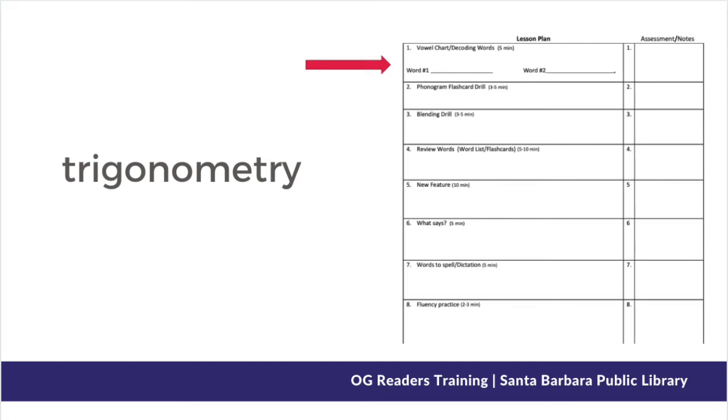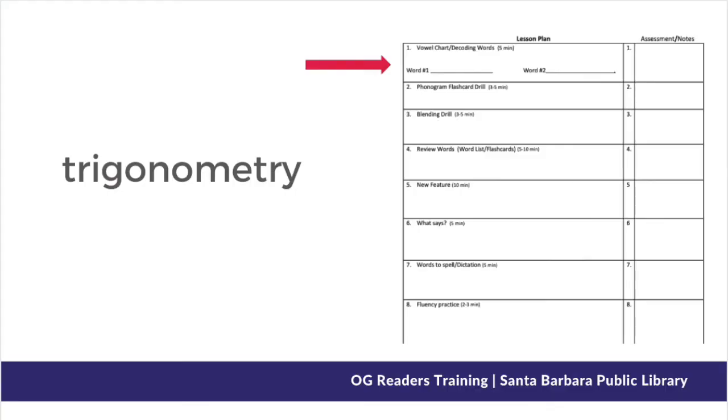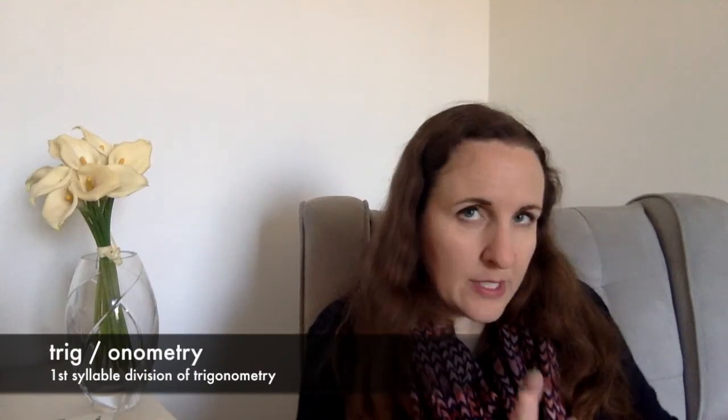In this case, trigonometry. Where do you think the first division is going to happen? It's going to happen after the G, right? It's a closed syllable, so we kind of know that that's probably going to go together.